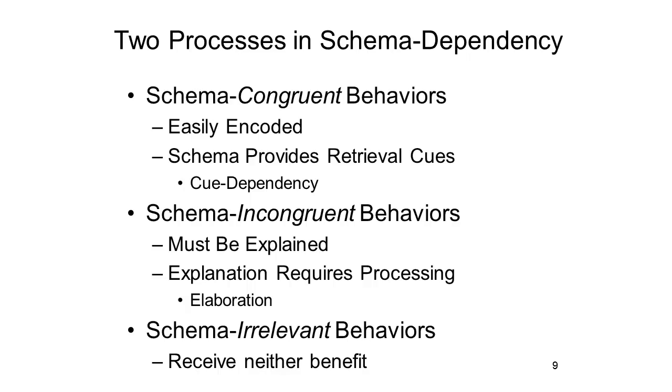Schema congruent events fit right into our prevailing schemata, our prevailing knowledge, expectations, and beliefs about the target person. And so the schema provides extra cues at the time of retrieval, which is going to make retrieval more likely to succeed. Remember the cue dependency principle.